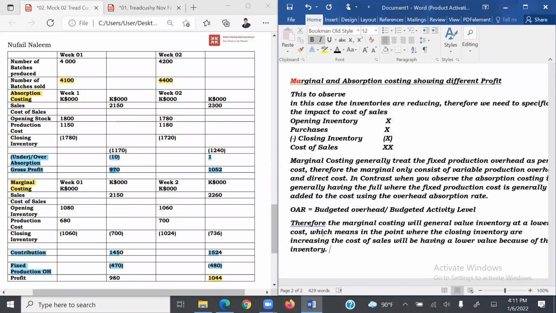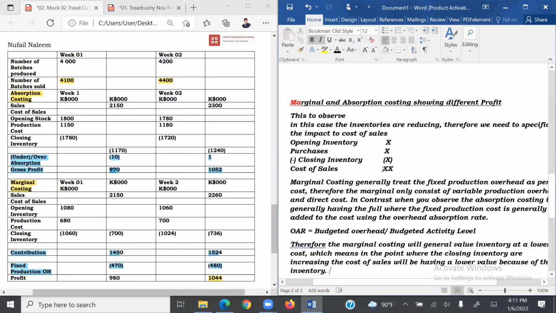Now example, fixed cost is not there. So if you come to here, opening inventory plus purchases. Now closing inventory, if it is a lower amount, students, when the closing inventory is low, what will happen, students? The cost of sales will be high.